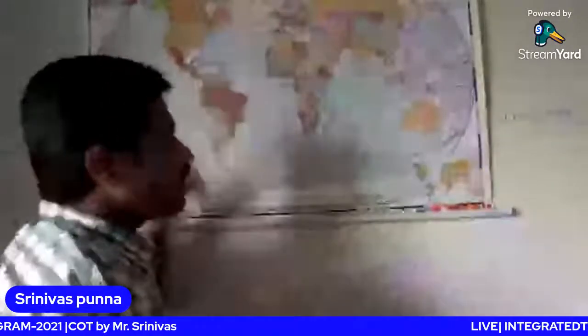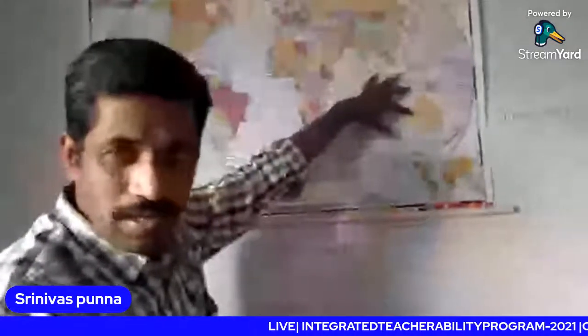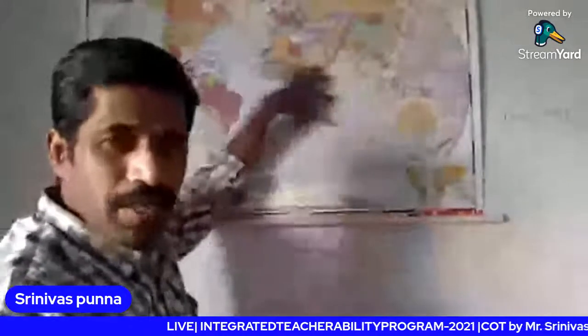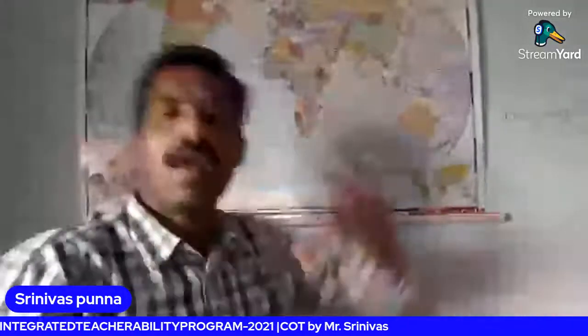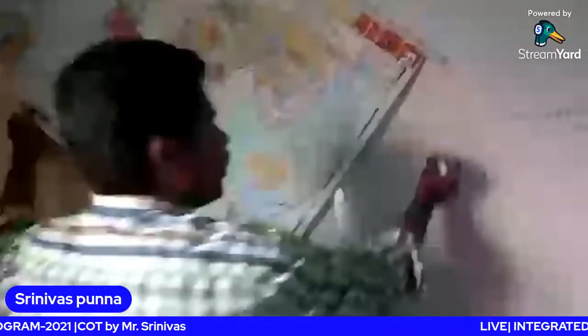As you know, there are a few lines drawn or assumed on the earth. Can you name what they are? Those are the horizontal lines. Let us assume this is the world. Some lines are drawn like this, some lines are drawn like this.